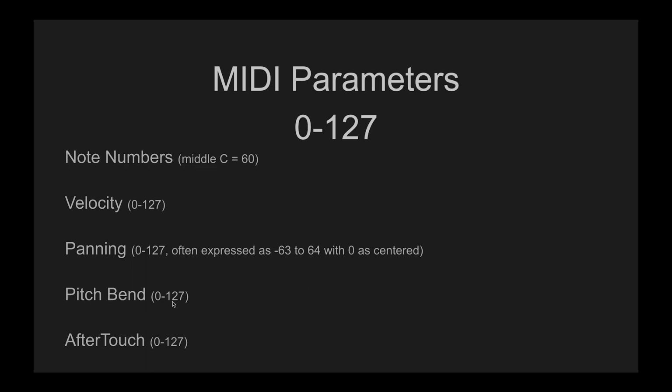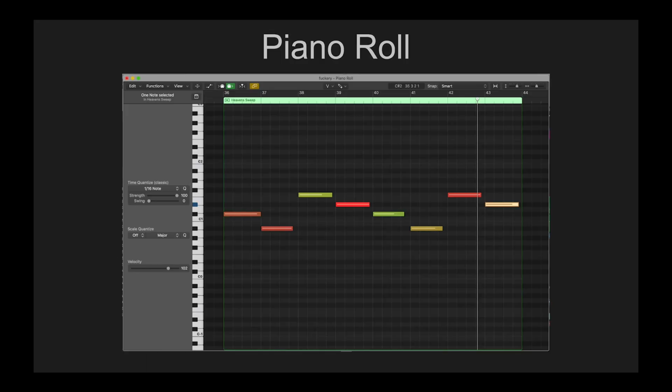Pitch bend is really interesting, and aftertouch. Pitch bend, of course, is bending the note of the sound, which we can do with what's called a pitch bender or a mod wheel. And then aftertouch is something we don't have on our keyboards, but it basically would allow you to press down harder on a MIDI note once you've sounded it to send data to say to play that note louder. It can be really interesting, actually.